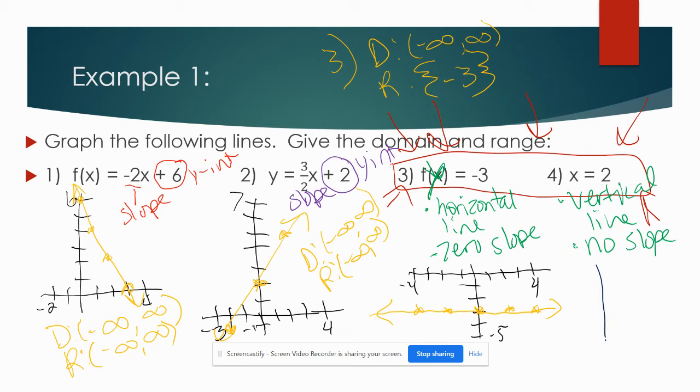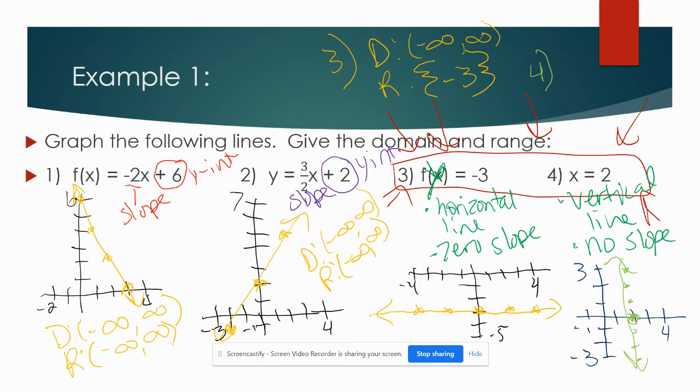Graphing this, where is x 2? Well, x is 2 here, here, here, here, here, here, here. Don't care about what's happening with y because y is not even in that equation. So there's where we get that vertical line.